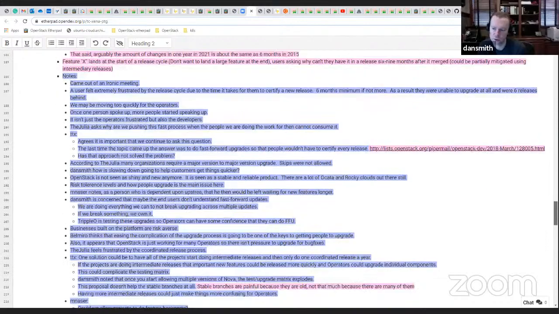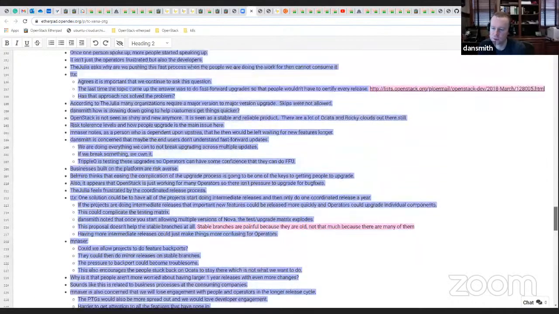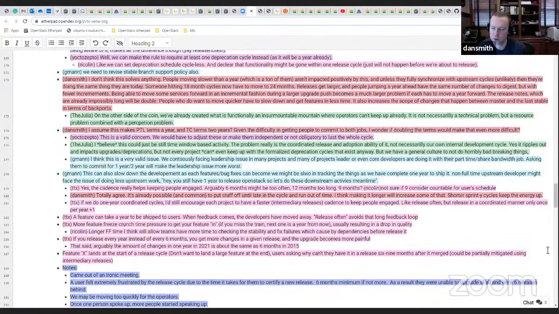And also, are you willing to upgrade just your Cinder to one of those intermediate releases to get a feature, or in reality, do you wait for the fully coordinated, fully tested, everything matches thing? Because if you wait, then all we've done is slow down the fire hose.